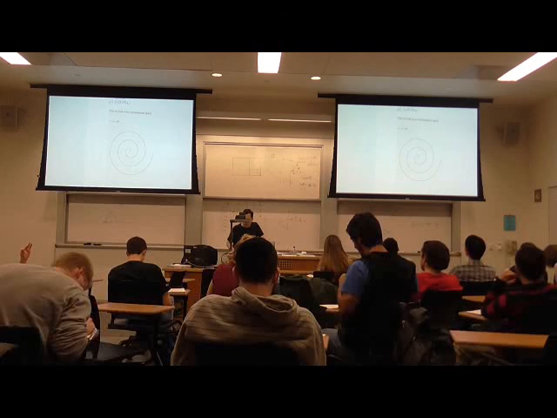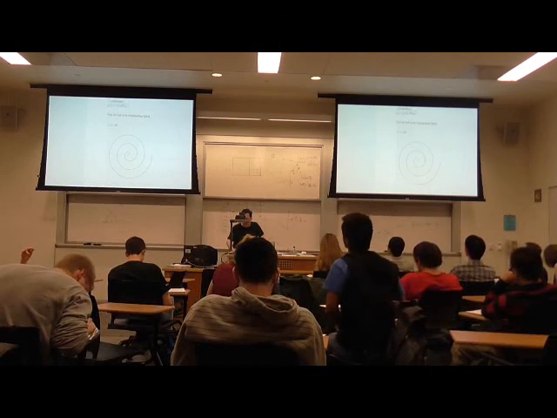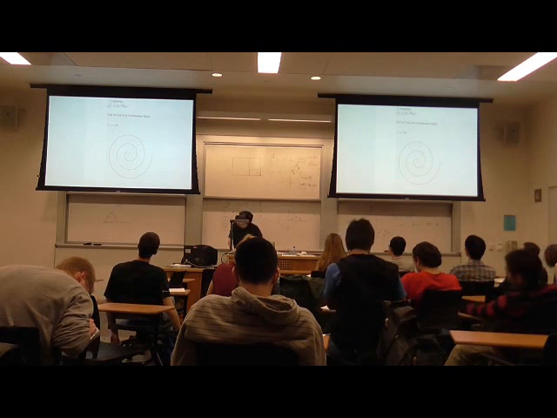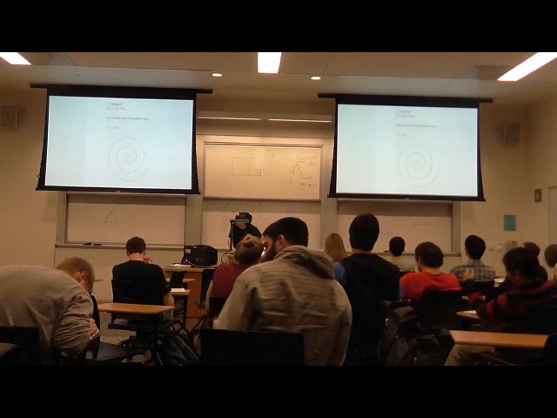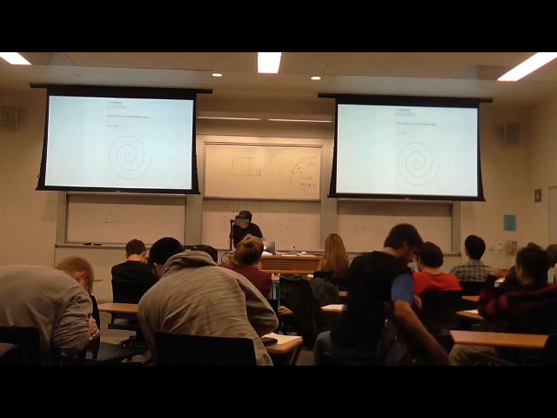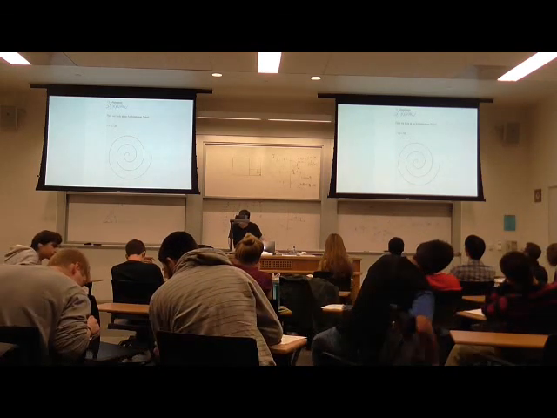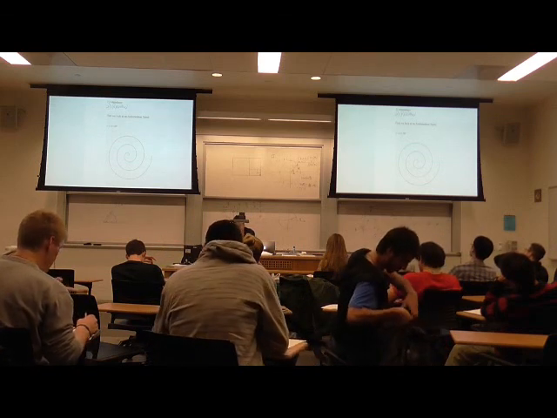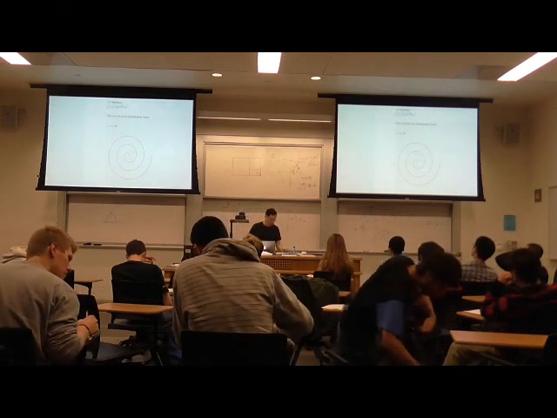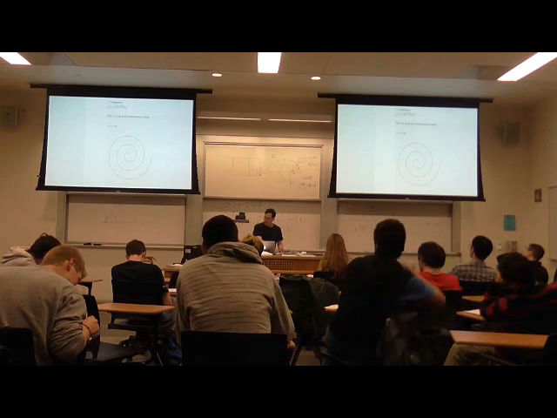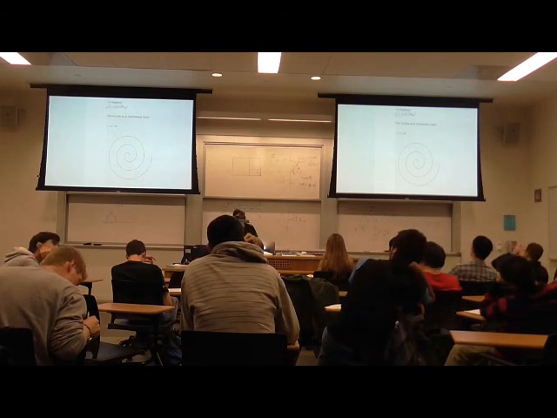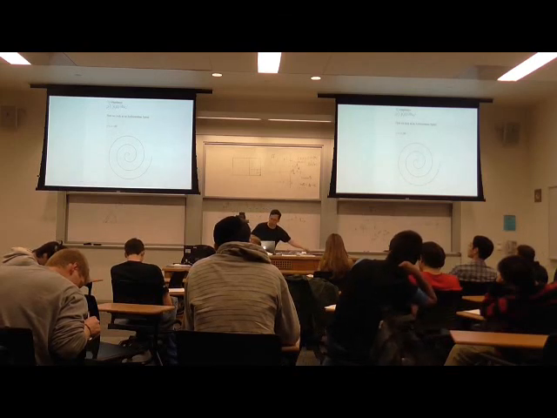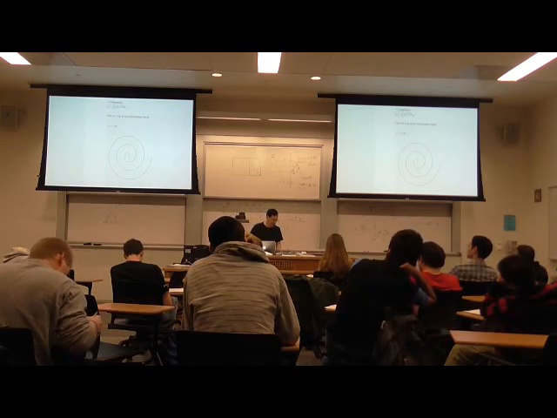Here we have just a polar equation, r equals a plus b theta, and this is what's known as an Archimedean spiral. This will come up in a minute. But does anyone notice something predictable about an Archimedean spiral? It's something simple.